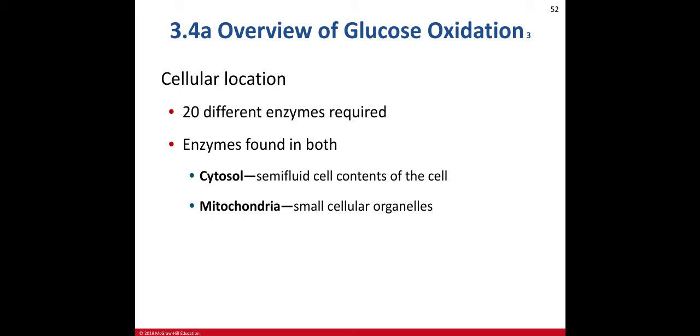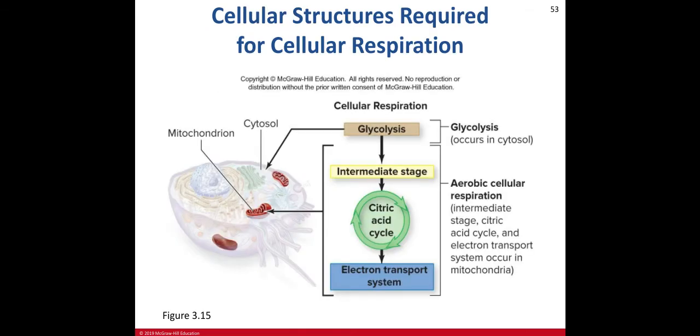Sort of shaped like a little jelly bean in most diagrams that you'll see. So here we go. We got glycolysis. Glycolysis is happening in the cytosol. Then we've got this intermediate stage or the prep reaction, the citric acid cycle, and the electron transport chain, all happening within the mitochondria of the cell.